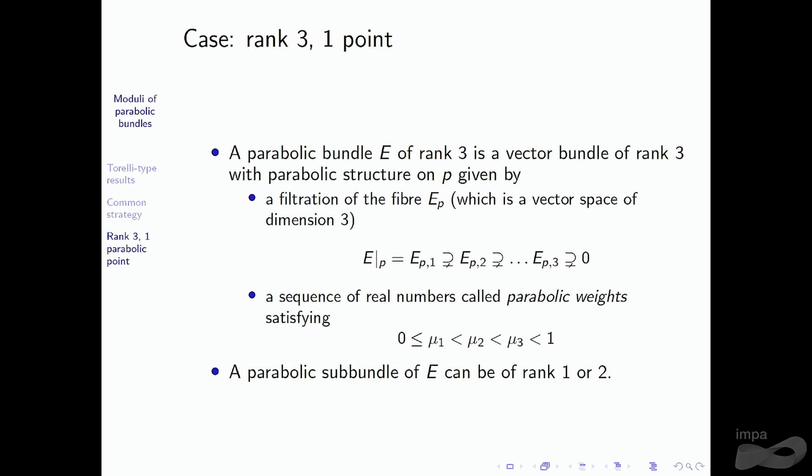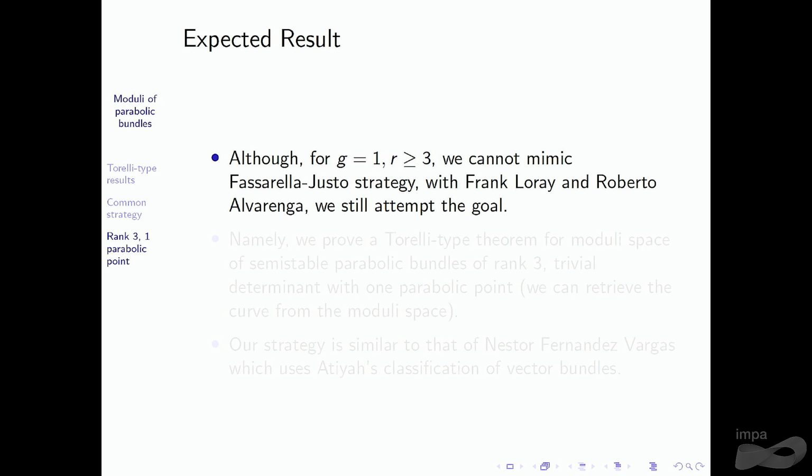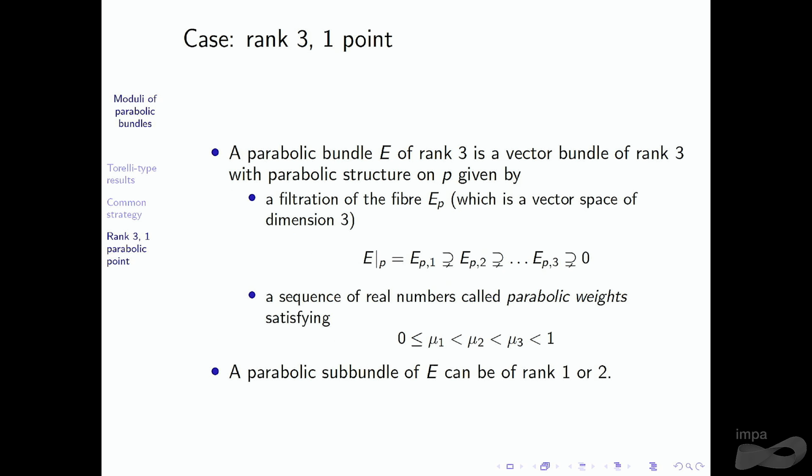So the goal was to look at the moduli space of these semi-stable bundles, let's even make the determinant trivial, and then see if we can get back the curve from this. This was our goal.